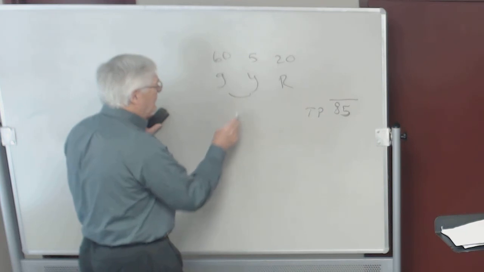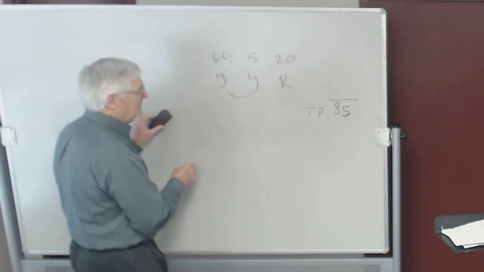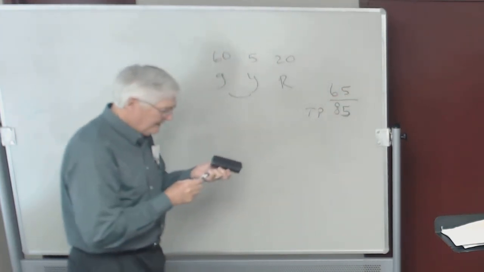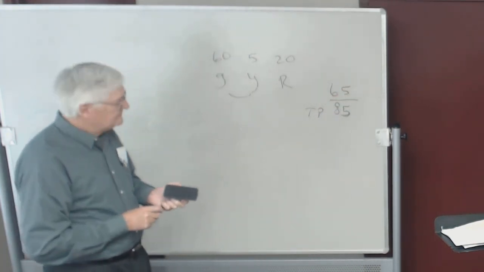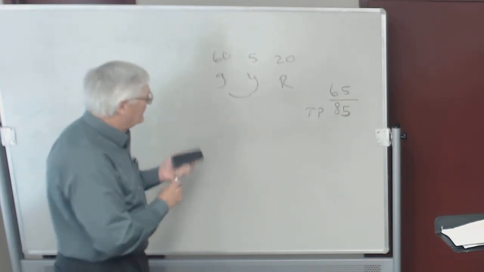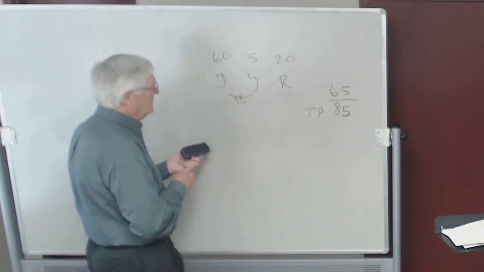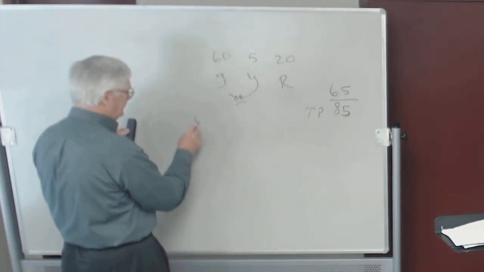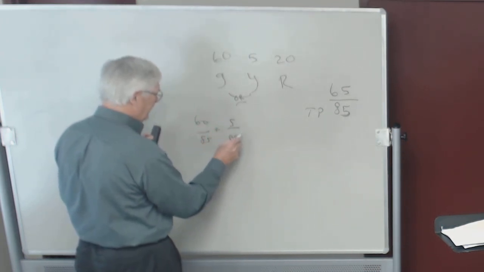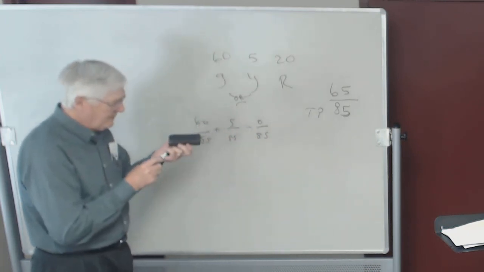And I want green or yellow, so that would be how much? 65 out of 85. Green or yellow. So again, that would be 60 over 85 plus 5 over 85 minus 0 over 85 because they don't overlap.